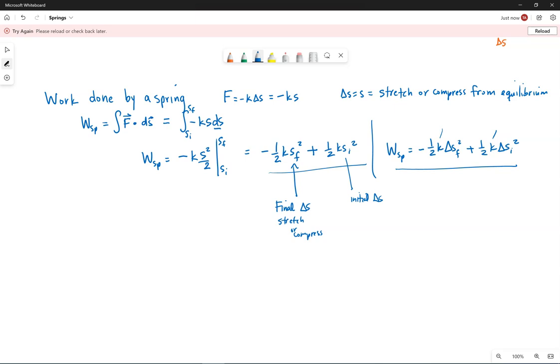So ultimately we need to remember that S is measured from equilibrium.